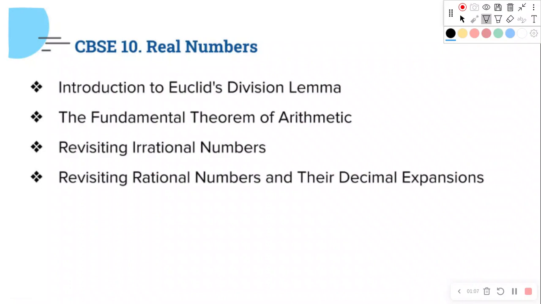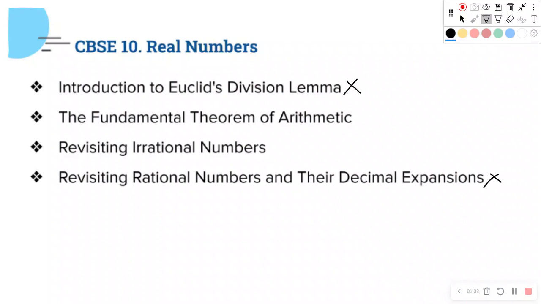Introduction to Euclid's division lemma, fundamental theorem of arithmetic, revisiting irrational numbers, and revisiting rational numbers and decimal expansions. What CBSE has done is that introduction to Euclid's division lemma and revisiting rational numbers and decimal expansion are deleted. Of a total of 4 exercises in the chapter, only 2 remain.